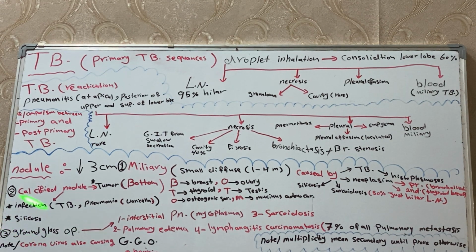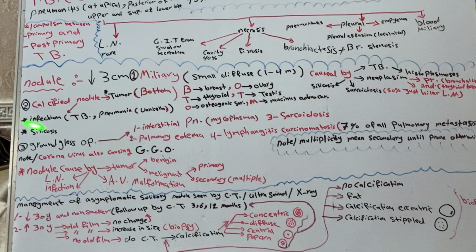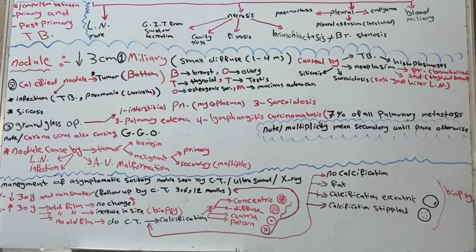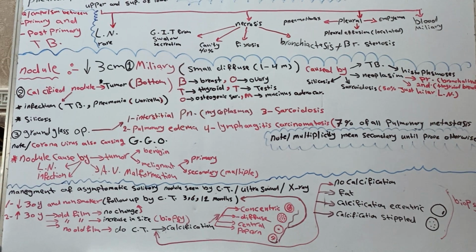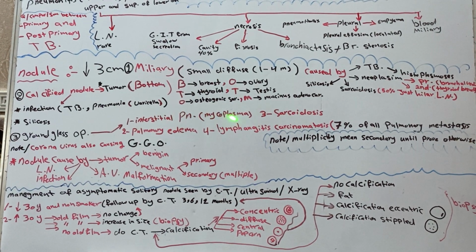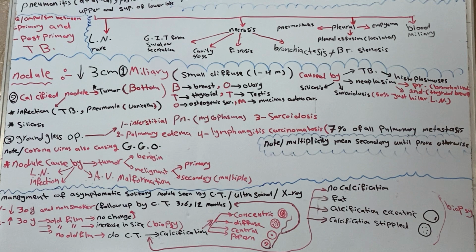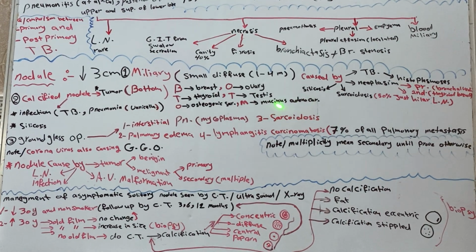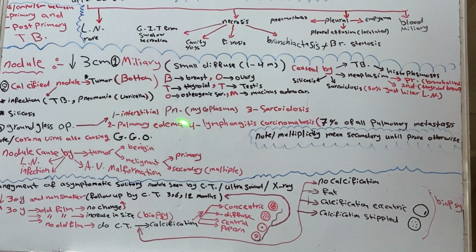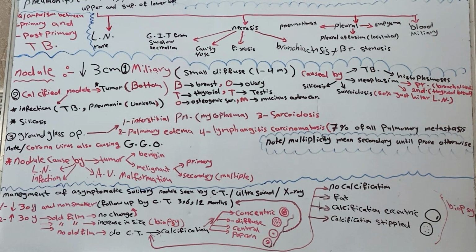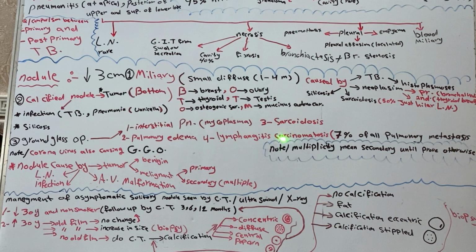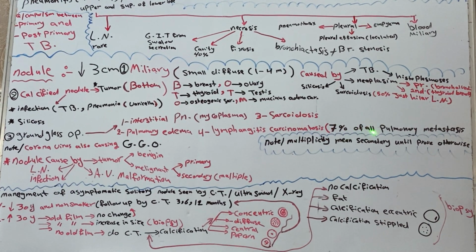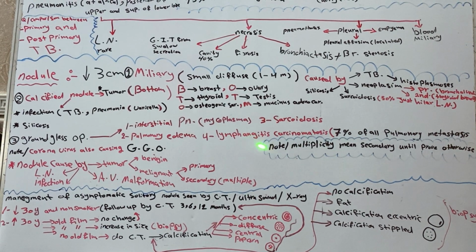Ground glass opacity, which is also a small nodule, is caused by interstitial pneumonia, mycoplasma pneumonia, sarcoidosis, pulmonary edema, lymphangitis carcinomatosis, which is 7% of all pulmonary metastasis.